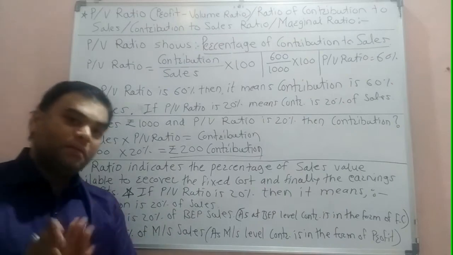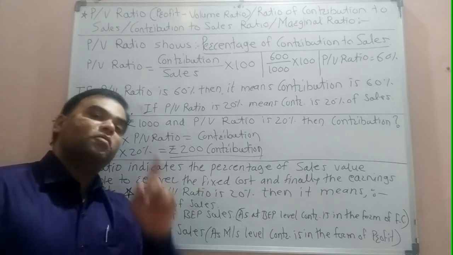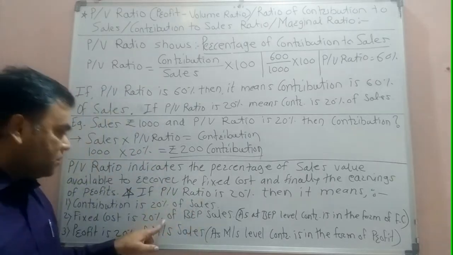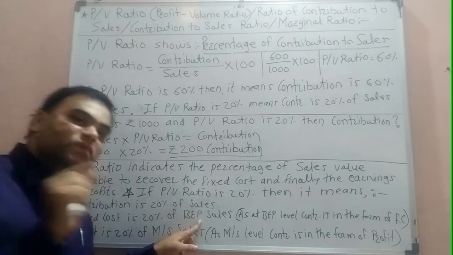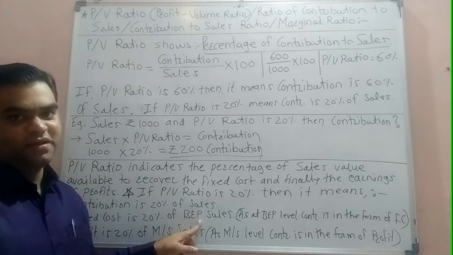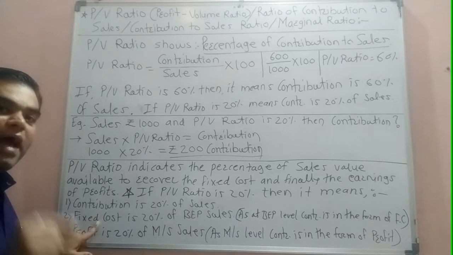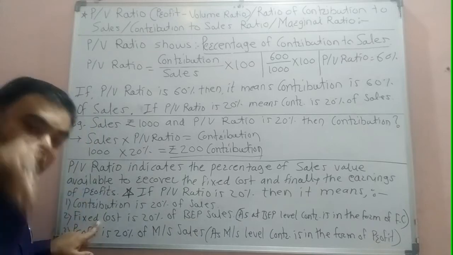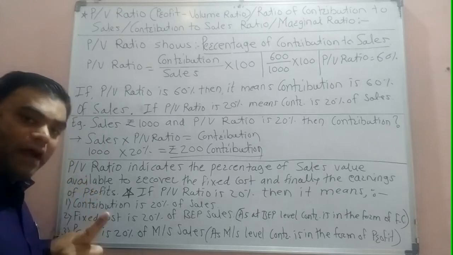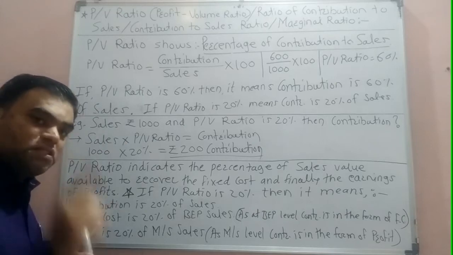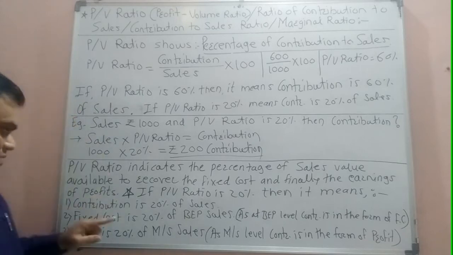Because at BEP sales level, contribution amount and fixed cost amount are always equal, as we discussed in the previous lecture.